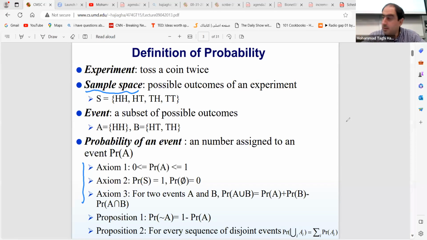Good. So to do that, we can use axiom 3 to prove proposition one.